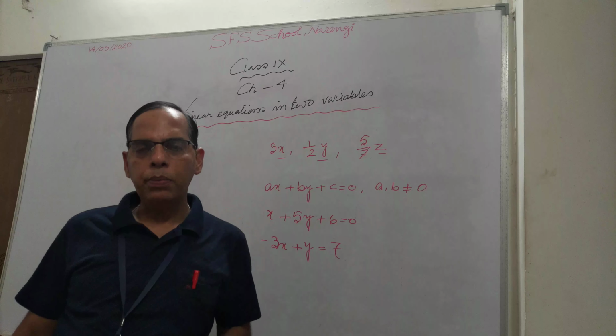Do you remember which quadrant contains both positive signs? The first quadrant contains both positive, and the third quadrant contains both negative. Second quadrant, x negative, y positive. Fourth quadrant, x positive, y negative. And this is, as a whole, the recapitulation of the last chapter.